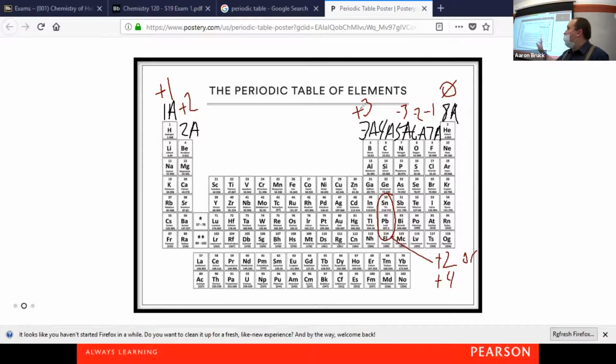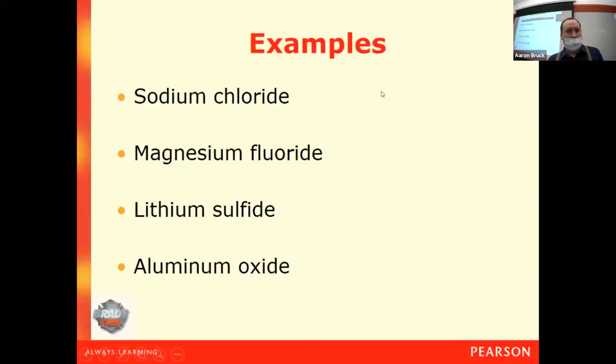Now, why this is important, why we care about this, is because when we get into the periodic table, and when we get into naming compounds like this, all we need to do is find these elements, and we can determine their charges just by where they are on the periodic table. We don't even really need to look at their Lewis dot structure to figure that part out.